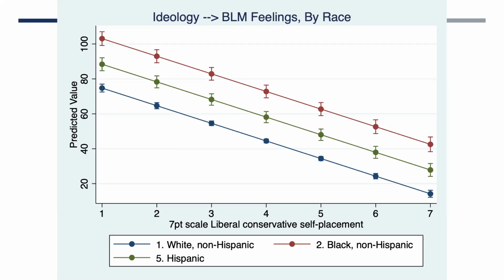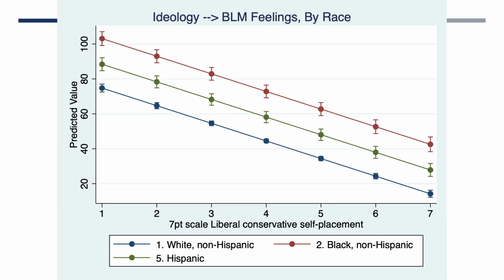As people become more conservative, they have less warm feelings toward the Black Lives Matter movement. The slope of the line is the same for each of these categories. It's just that the starting point is lowest for white respondents, whereas it's highest for Black respondents, and then Hispanic respondents are in between. Make sense?